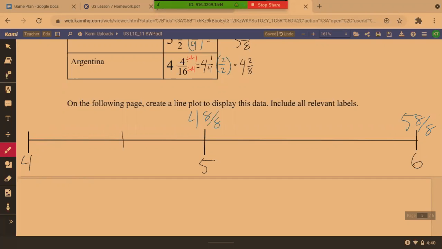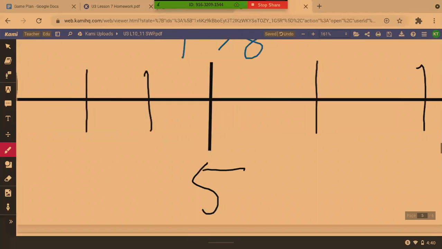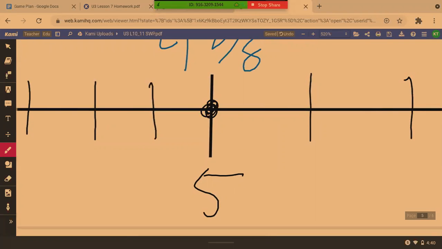I'm trying to space them out correctly. There we go. Okay. So I know that this point right here is 8 out of 8. So this is going to be 7 out of 8, 6.